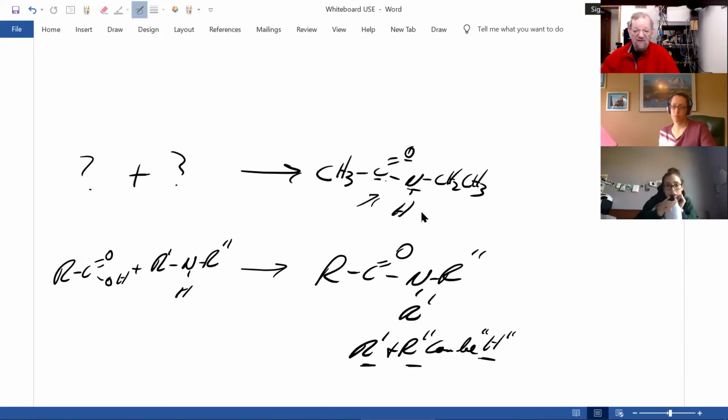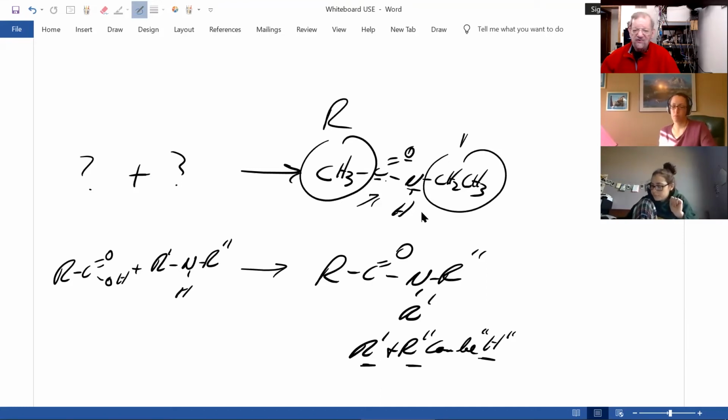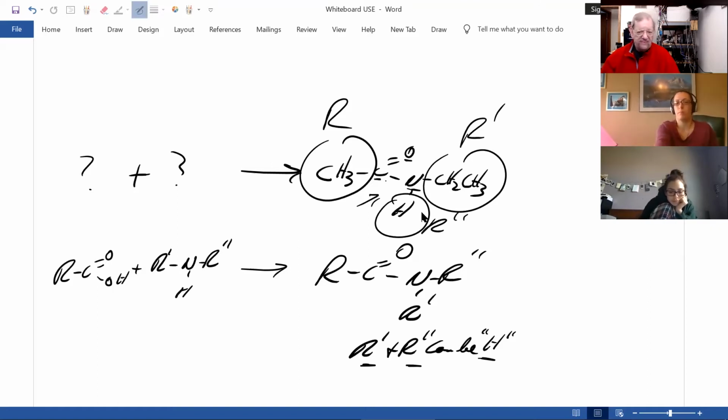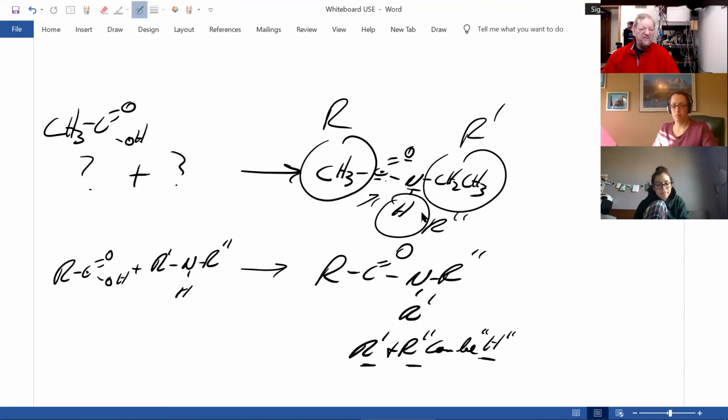And now if we look over here, I'll call this R, I'll call this R prime, I'll call this R double prime. And therefore, if we look here, what's attached to the carbonyl carbon, the methyl group R, will still be there.